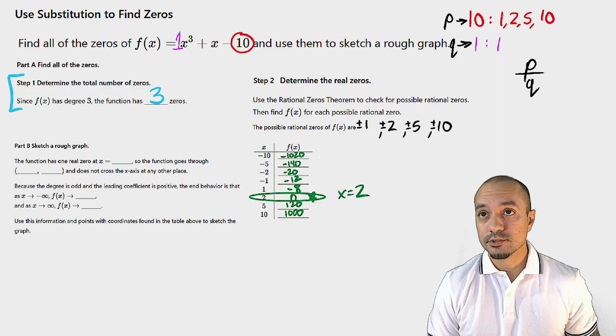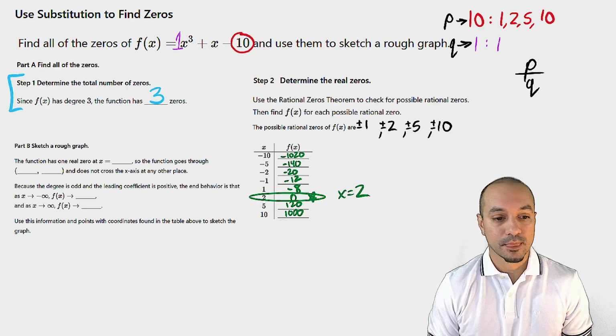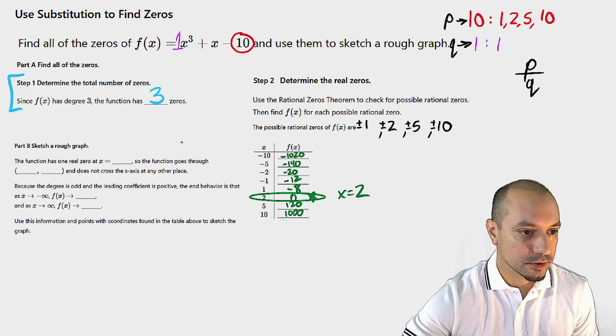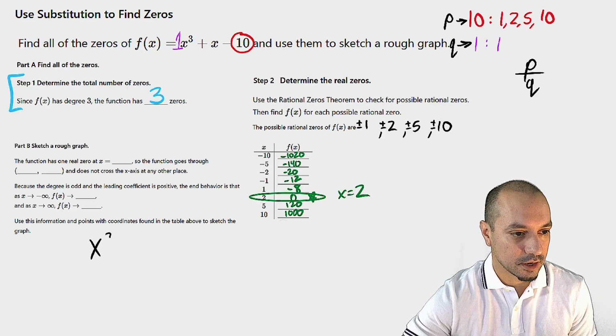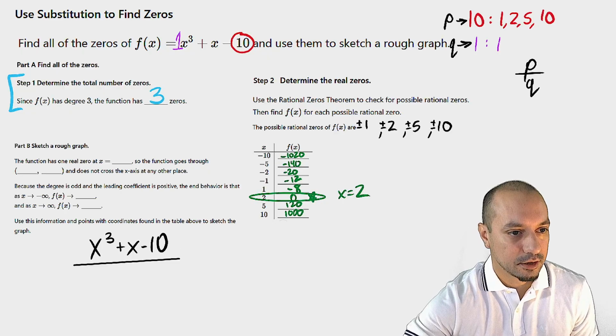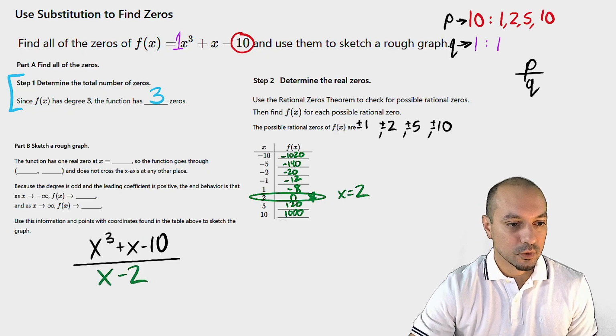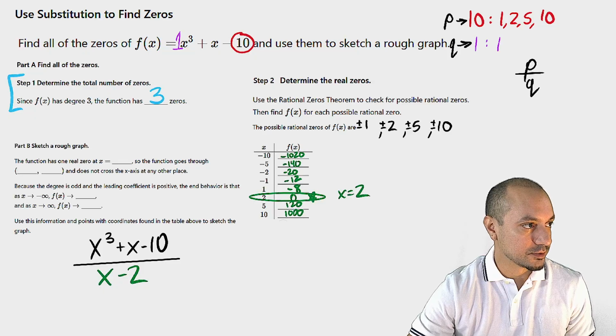So then what I'm going to do from here is use that x equals 2 to break down the cubic. I would take x to the third plus x minus 10, and I'm going to divide it by x minus 2, which I just found in that step.